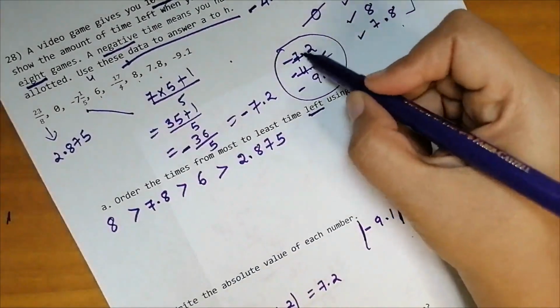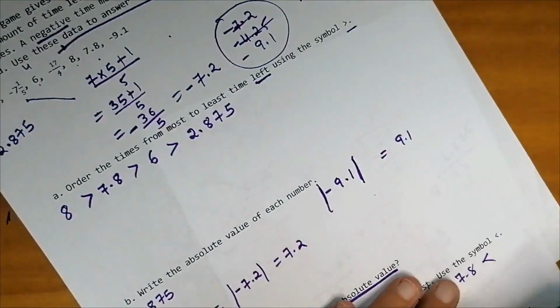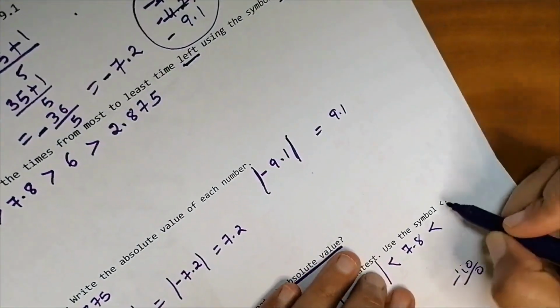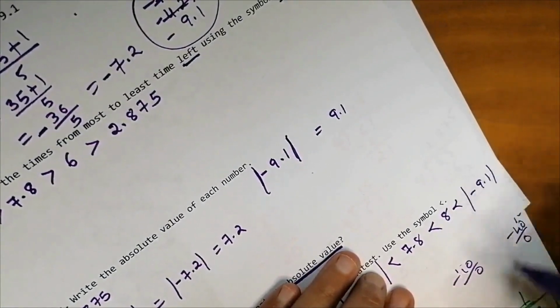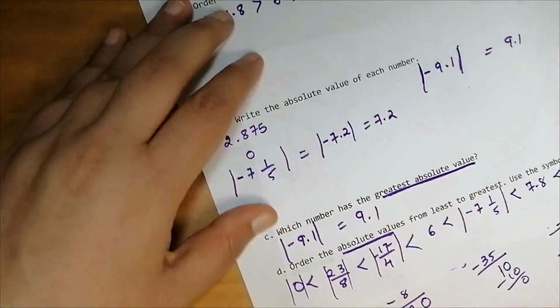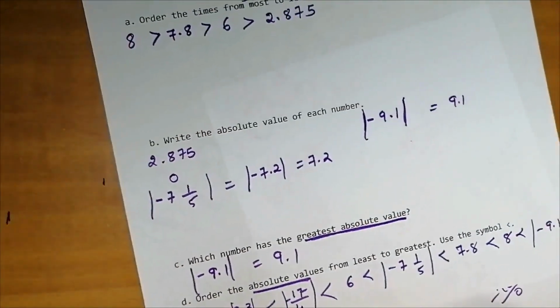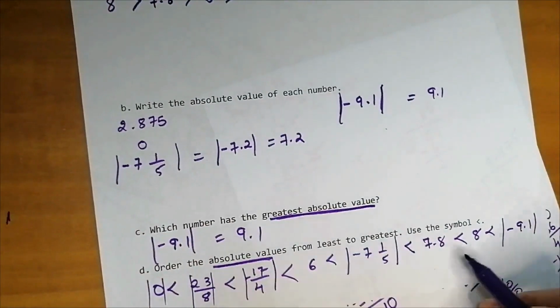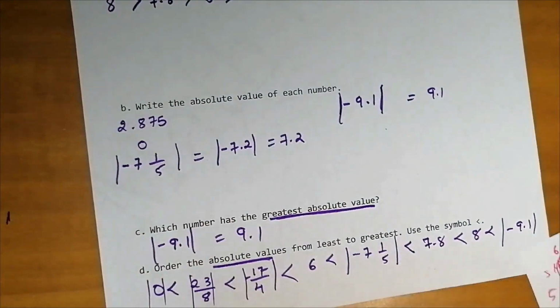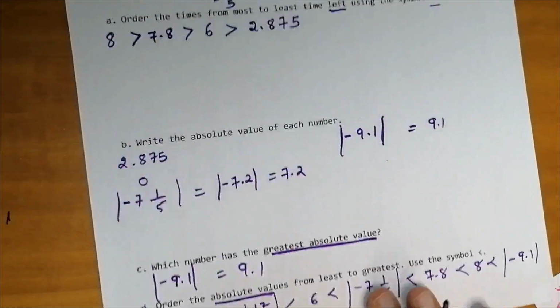Okay, so this and this are done. Then the next one we have here is 8 less than minus 9.1. Okay, so this is how you would arrange them in the order. We're talking about absolute values. Fine, are we clear so far?